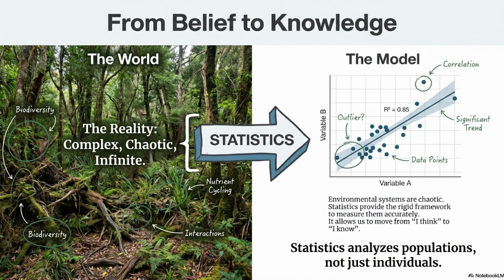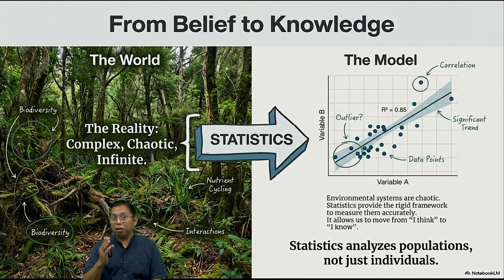So the world is complex, chaotic, and infinite. As geographers, we often start with an "I think," or a belief, or a hypothesis. For example, "I think this nutrient cycle is failing." In statistics, the bridge takes us from "I think" to "I follow" to "I know."